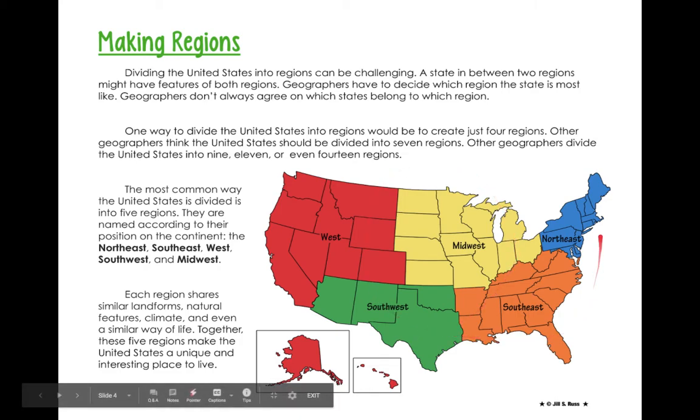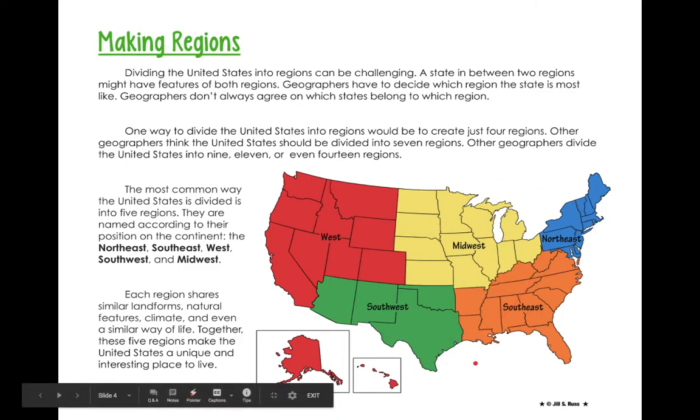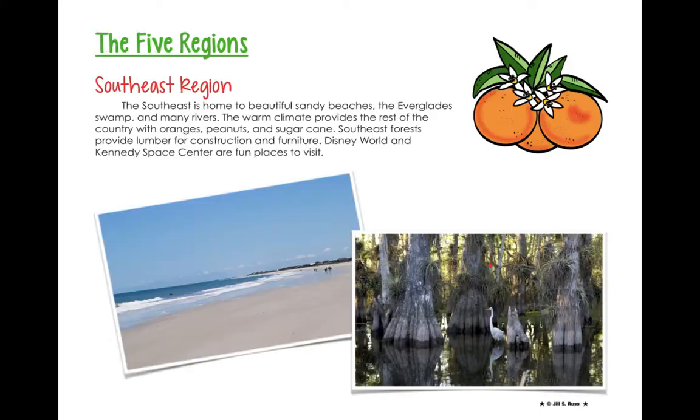Notice that these rely on the cardinal directions to orient us around the United States. Each region has some similar landforms, and together these 5 regions make the United States a unique and interesting place to live. But these regions generally have some things in common that make them unique from other regions. Let's take a look at some of those regions.